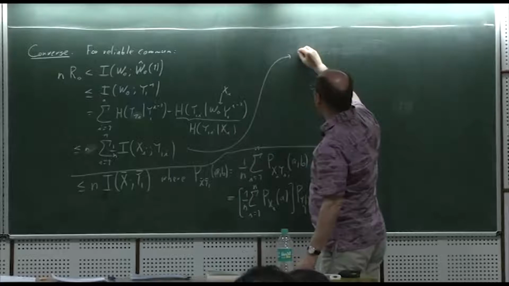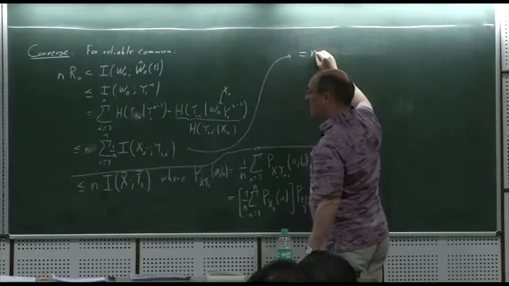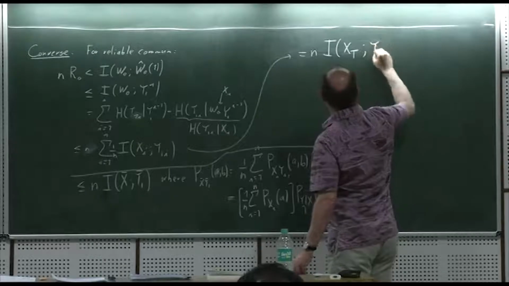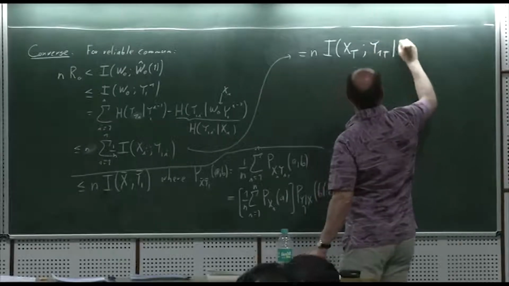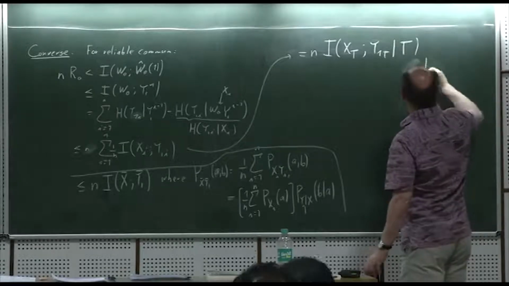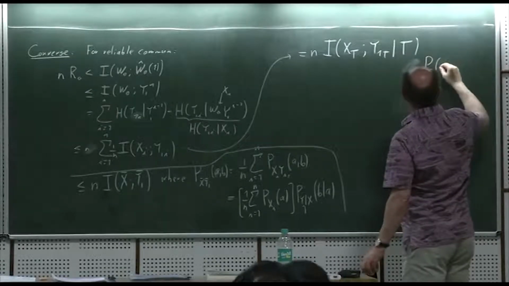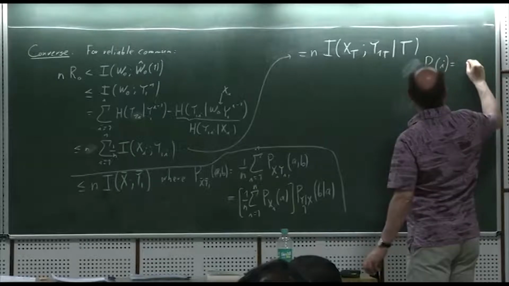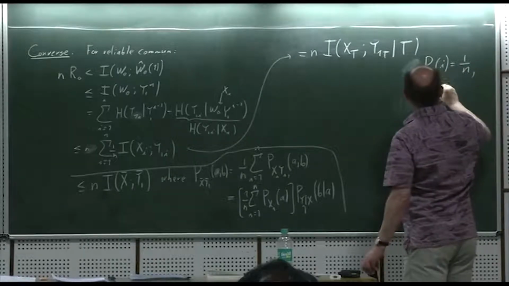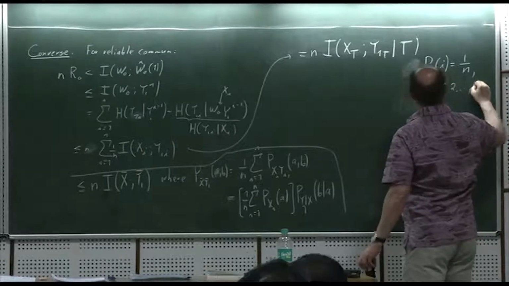This here is the same as n times I of x t, y1t given t, right? Where t is a random variable that takes on the value i with probability 1 over n for i equals 1 to n, right?